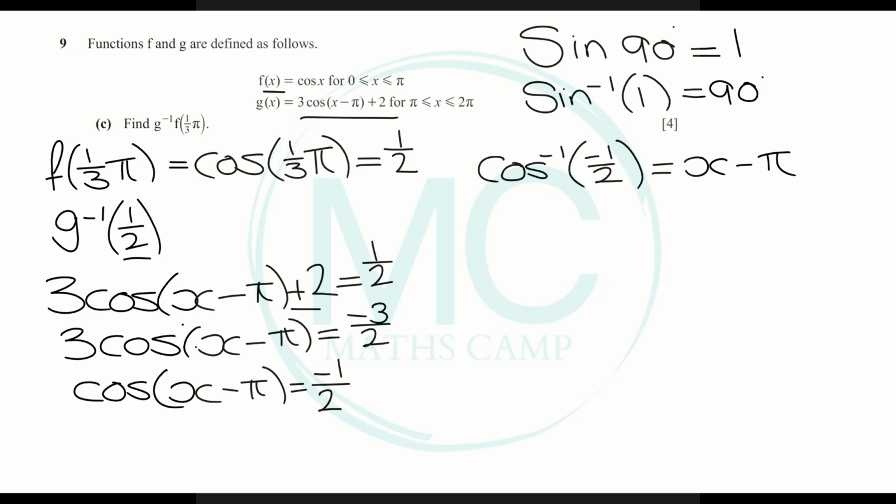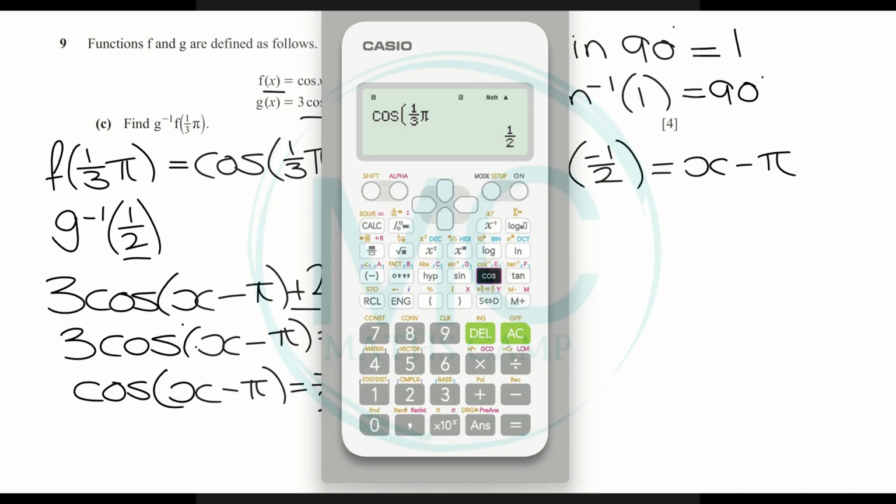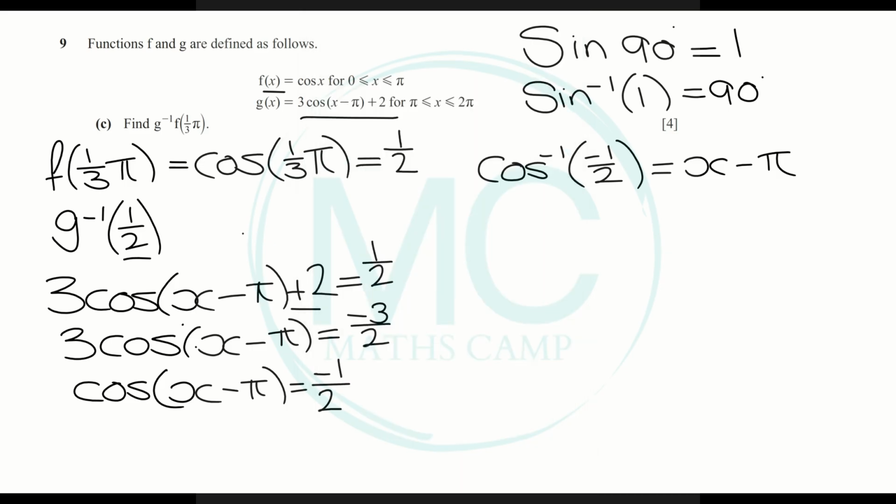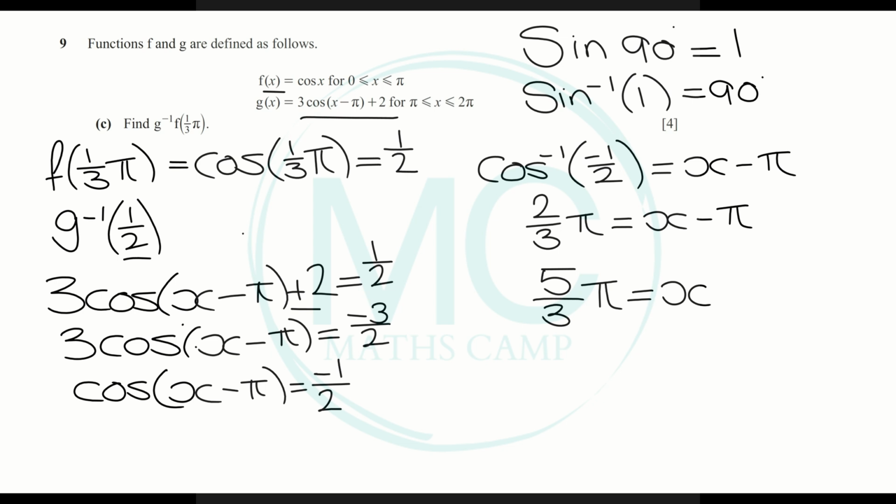Now you can take your calculator: shift cos of negative 1 over 2 is equal to 2 over 3 pi, and this is equal to x minus pi. To get x by itself, let's add pi to both sides. 2 over 3 pi plus pi gives us 5 over 3 pi, and this is equal to x.